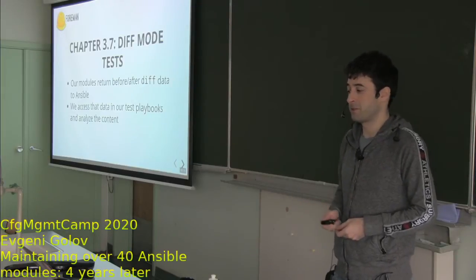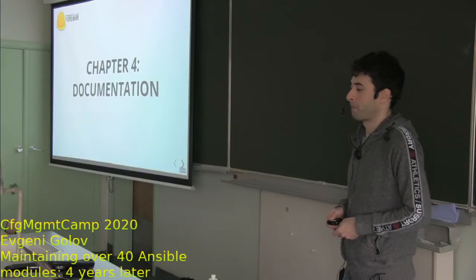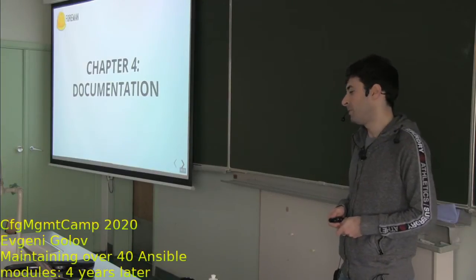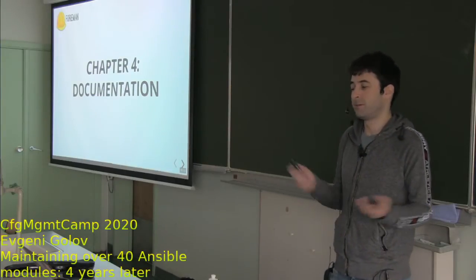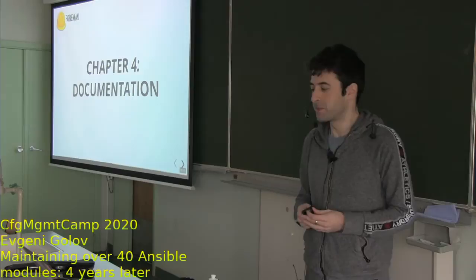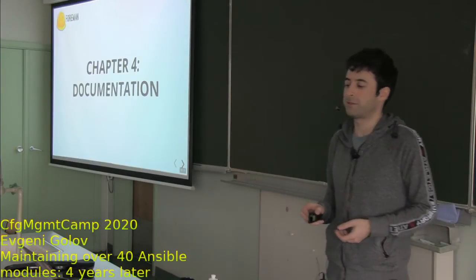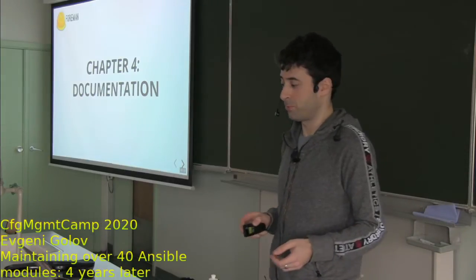The next chapter is documentation, because it turns out code doesn't help you if your users don't know how to use it, which is shocking. So Ansible has great facilities to have documentation, and we're using it pretty extensively.